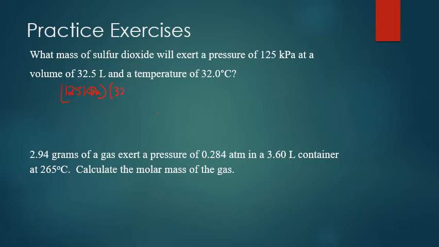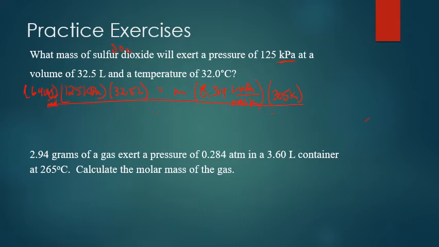We have a volume of 32.5 liters, and we have a molar mass of sulfur dioxide, again SO2, that would be 64.06 grams per mole, and that is going to be equal to the mass, which we're solving for. Because we have kilopascals, we're going to use the 8.314 kilopascals times liters per mole Kelvin times the temperature, 32 degrees, plus 273 would be 305 Kelvin.